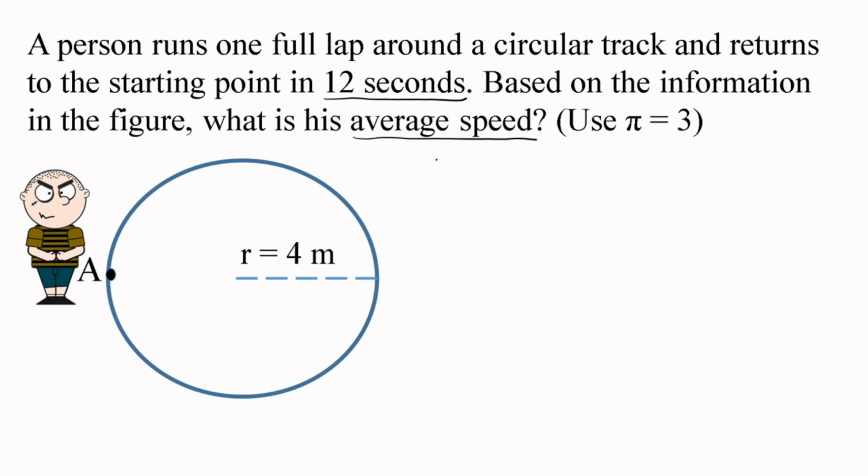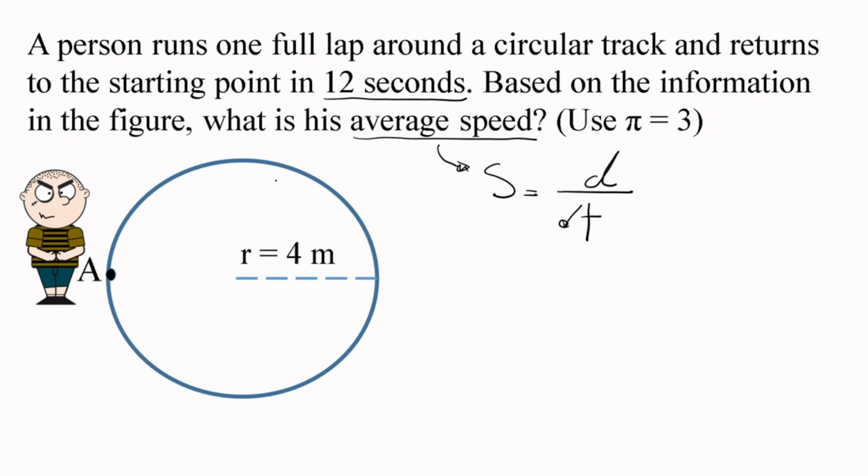What was the formula for calculating average speed? We had only one formula. S is equal to D over T. Do I have T? Yes, as you can see, the question gave me the T. It is 12 seconds. What about D? Do I have the D? No, I cannot see any meters in the question.